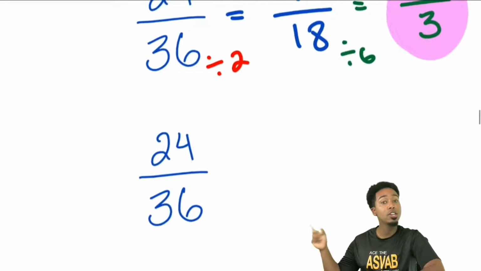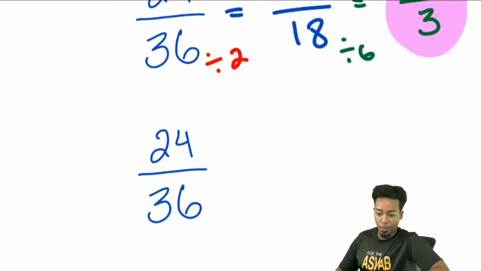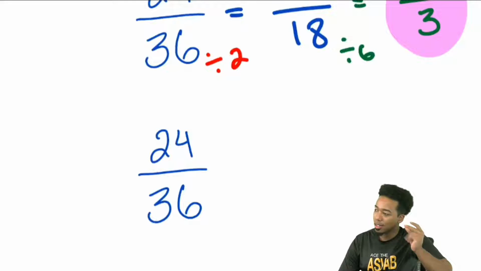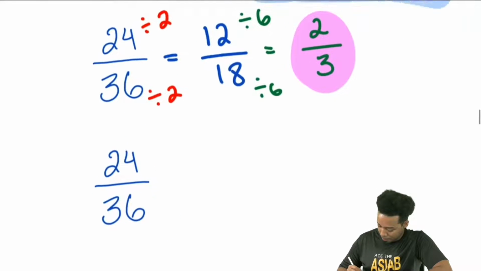This is what the GCF will do. If we take a look at 24 and 36, if you look at 24 and 36 and you divide them by what? 12. If you divide the top and the bottom by 12, you give yourself a very, very easy solution. Watch this.